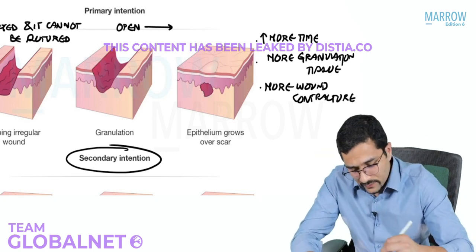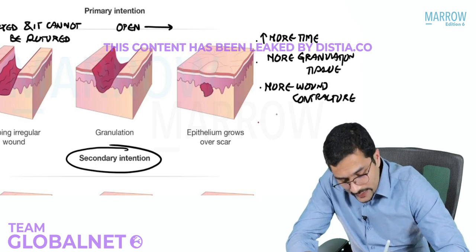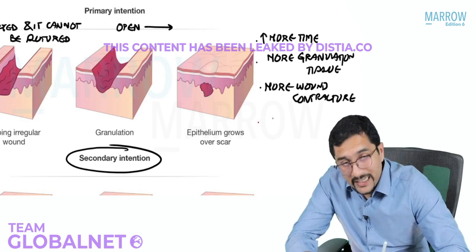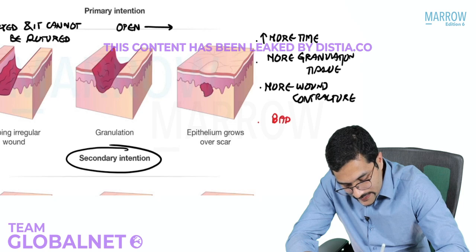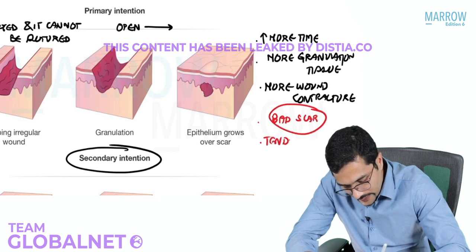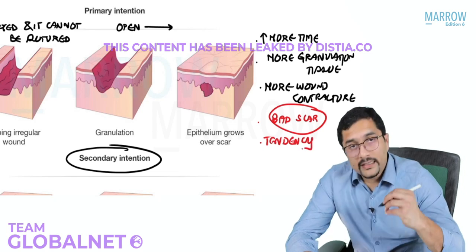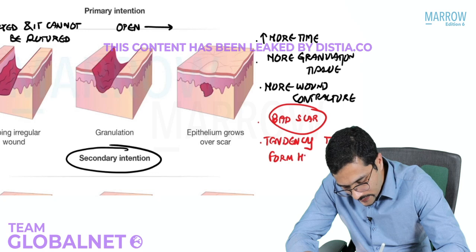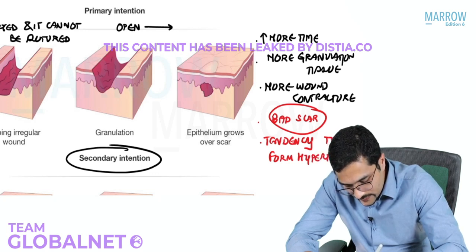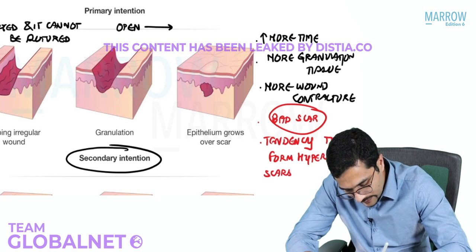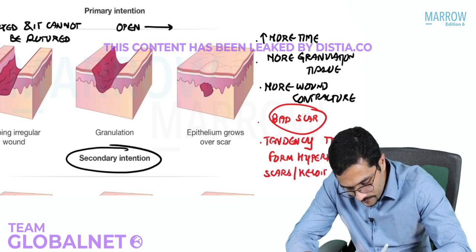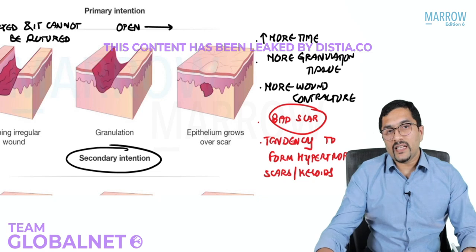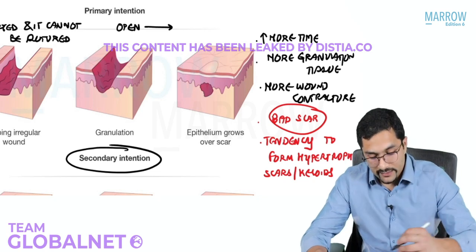And you get a cosmetically bad scar. And there is a tendency, when healing is occurring by secondary intention, to form hypertrophic scars and keloids. Okay. So these are the differences between healing by primary intention and secondary intention.